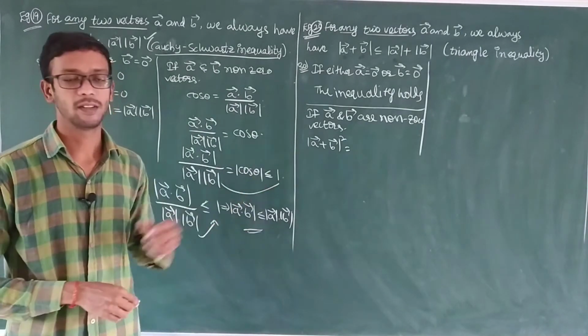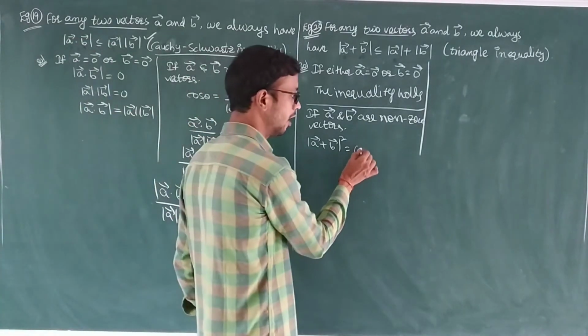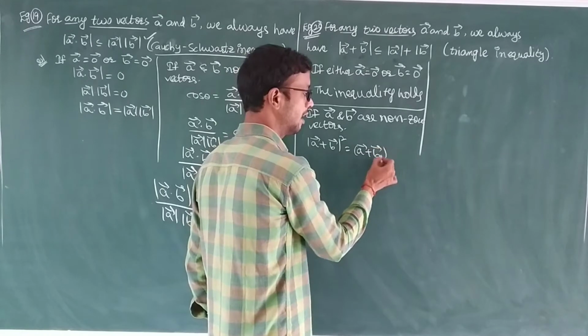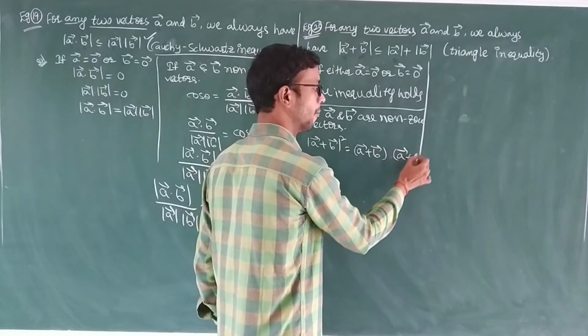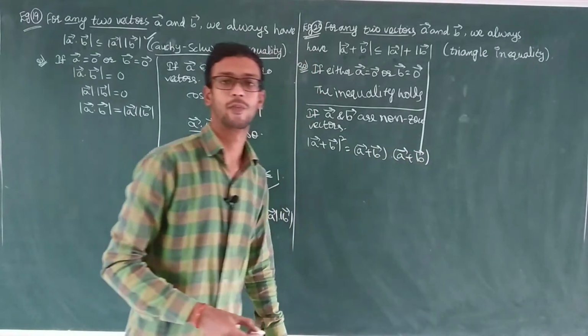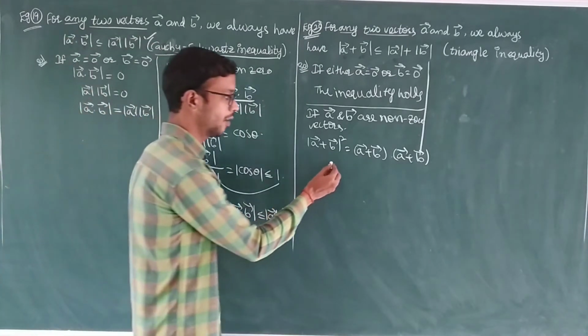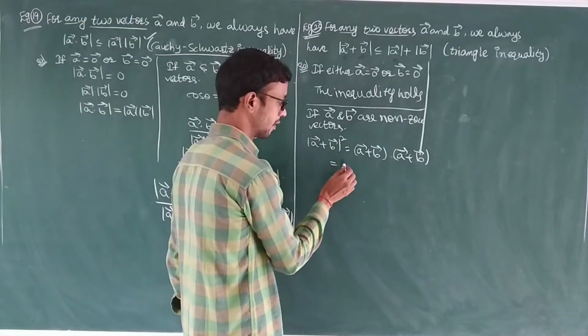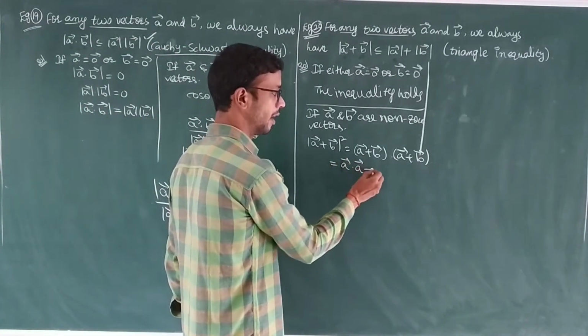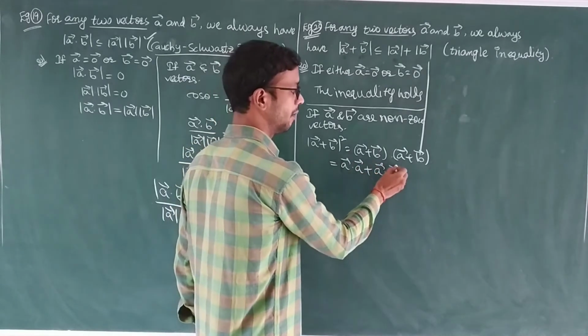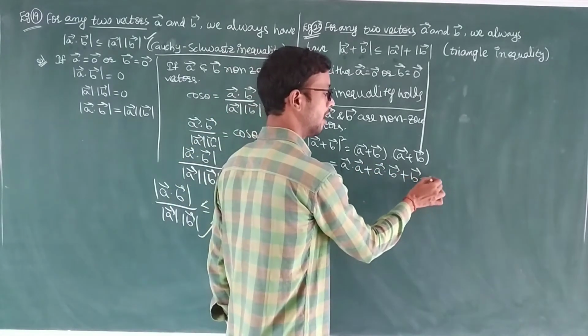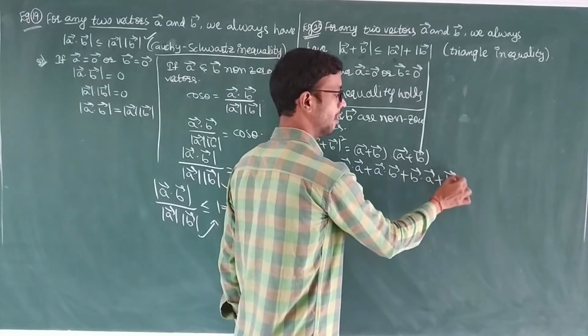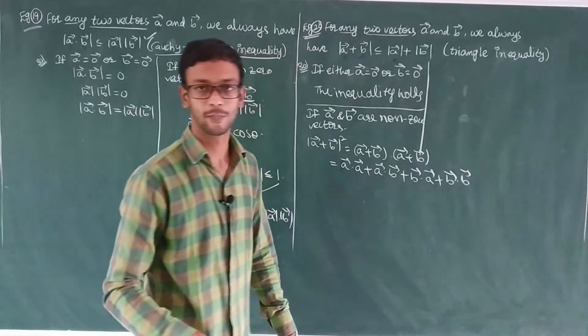magnitude of A bar plus B bar whole square. What will we get here? A bar plus B bar dot A bar plus B bar. So make the dot product: A bar dot A bar plus A bar dot B bar plus B bar dot A bar plus B bar dot B bar.